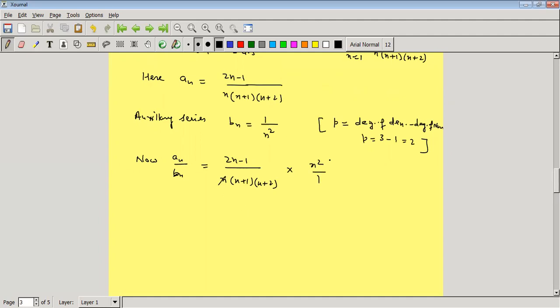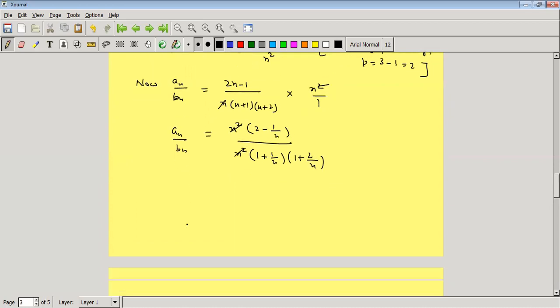So 1 and n cancel out, and we can take n common. n square is common, 2 minus 1 upon n. Again, from the denominator, we can take n common, and the n square cancels out. So now we have the simplest form of An upon Bn.